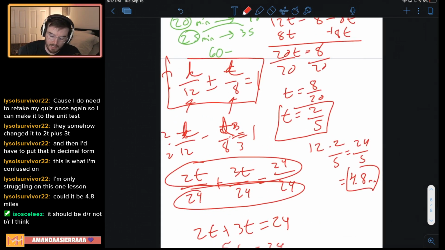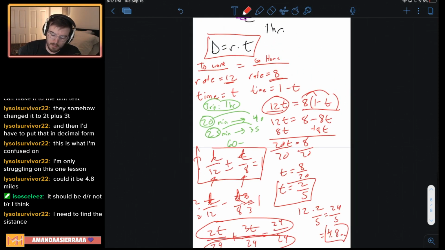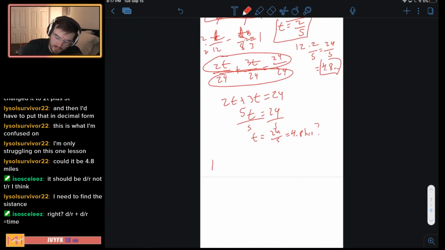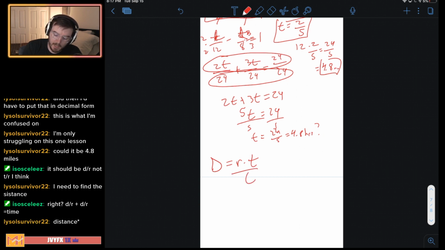Because what we're doing, I'm getting a little sloppy here. Distance equals rate times time. So if you divide by rate, the time equals distance divided by rate.